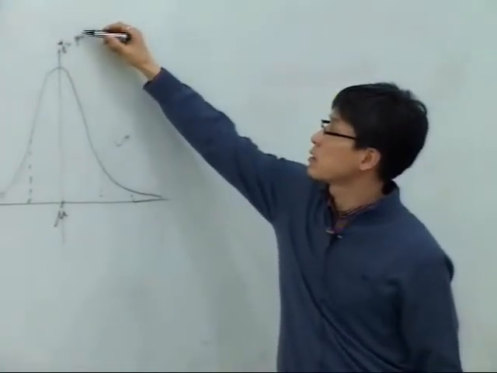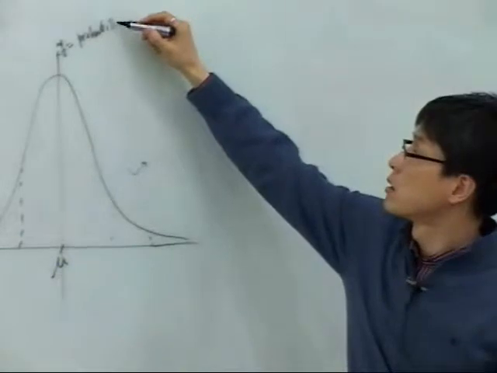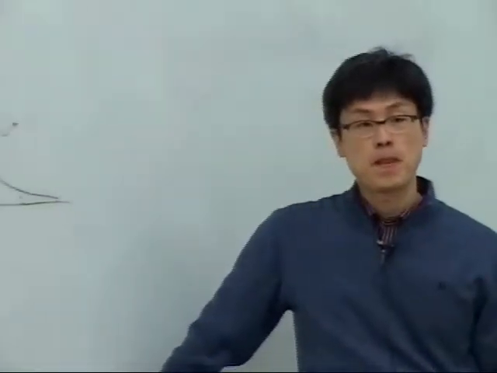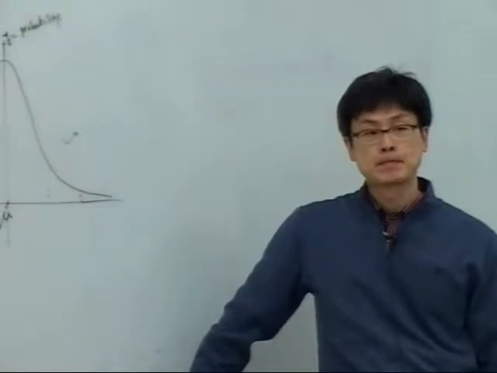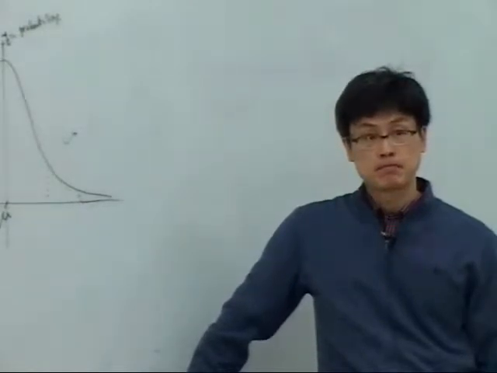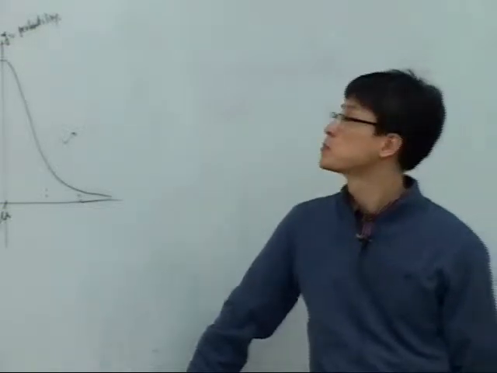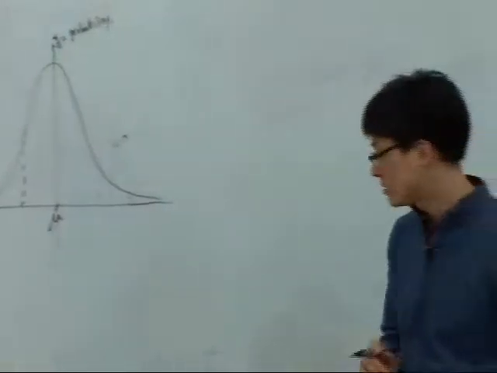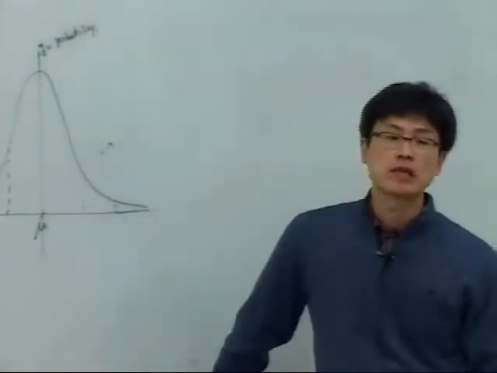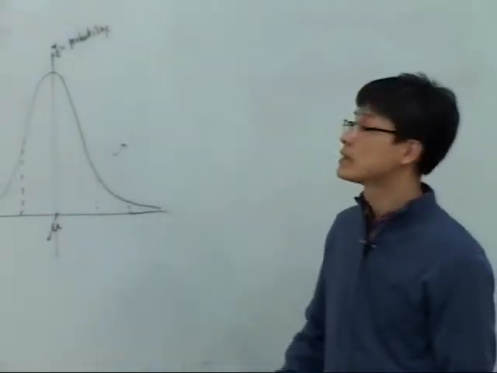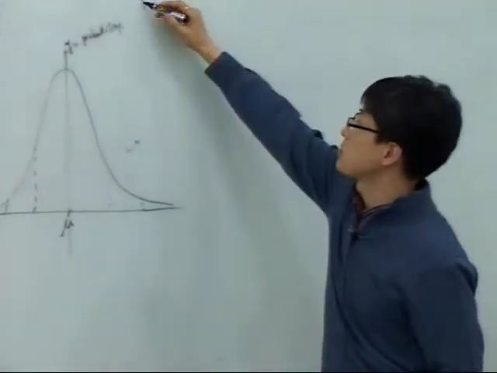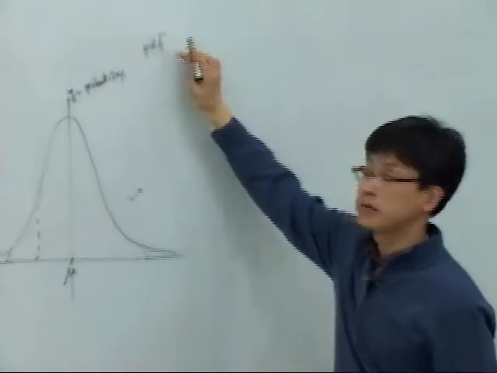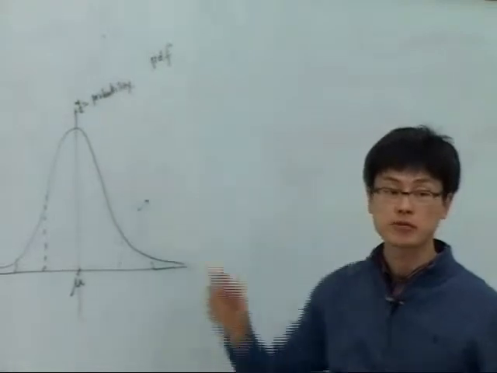The y-axis means probability. Right? To be more exact, it's a probability density, because we call this a PDF, probability density function, probability distribution function.